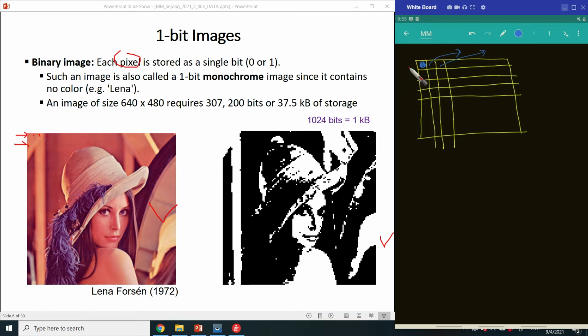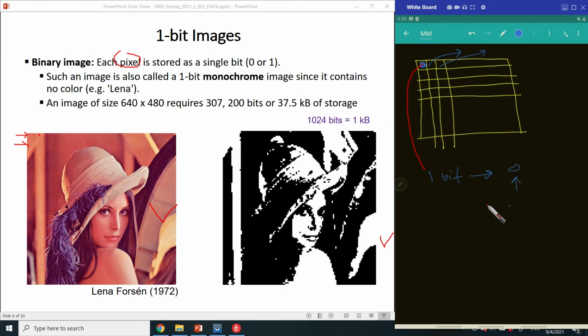So in these cases, to represent 1 pixel, how many bits do we require? Definitely we require only 1 bit of information. If we like to store this entire image in our computer, then for each pixel we need 1 bit of information, and this bit might be 0.